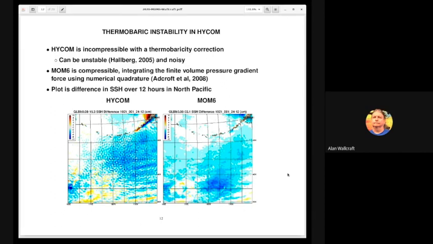And a simple way to look at thermobaric instability is to plot the difference between snapshots 12 hours apart. And what you see on the left here is the surface signature of what's almost certainly thermobaric instability in HICOM and not at all in MOM6, which would be expected from the theory, but it's nice to know that that's true in practice.